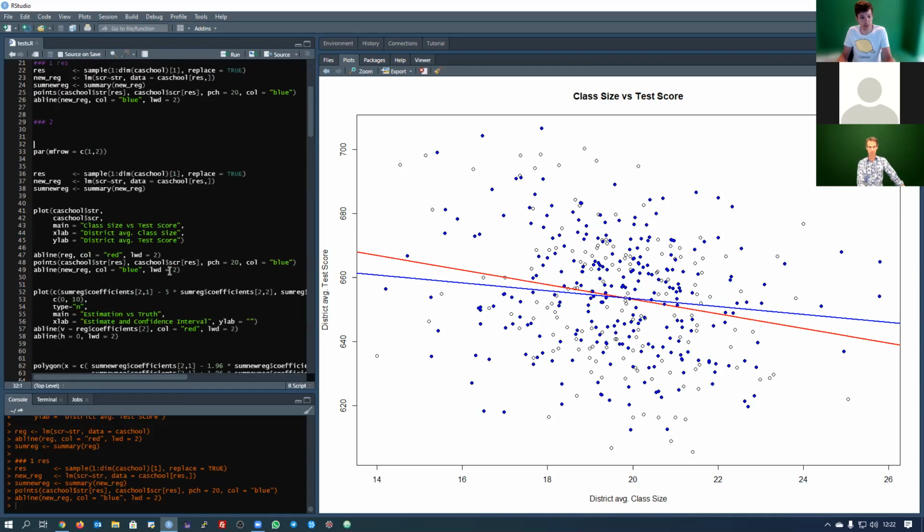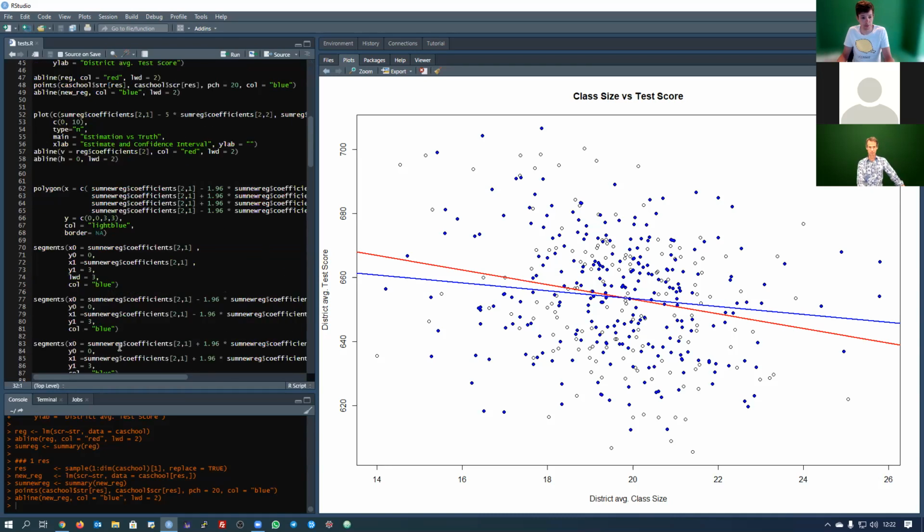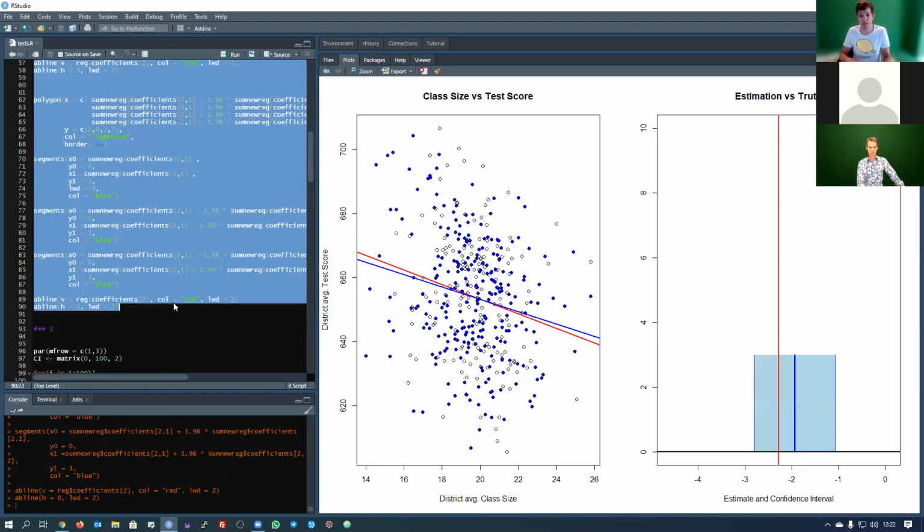And when we do that, we come to this plot here. On the left-hand side, we have the same thing you've seen before. We have the true value, the red one. We have a resample, and from the resample, we computed our estimator. And from the estimator, using the critical value, again, we'll talk about that in a minute, we computed a confidence interval. On the right-hand side, the red line is the true value of the slope parameter.